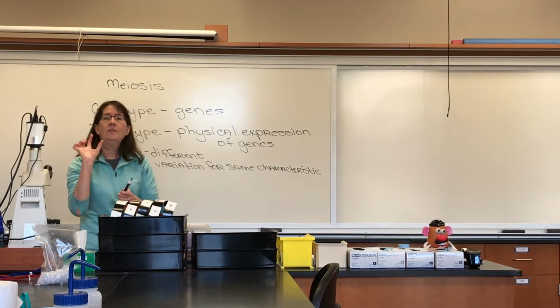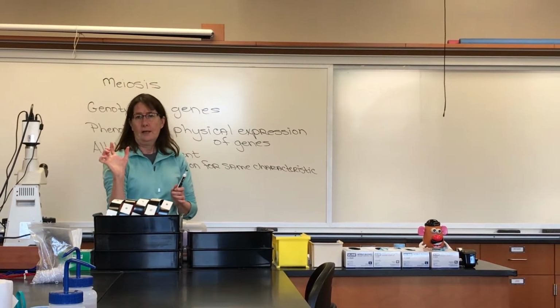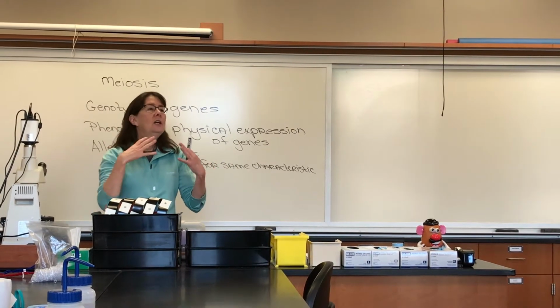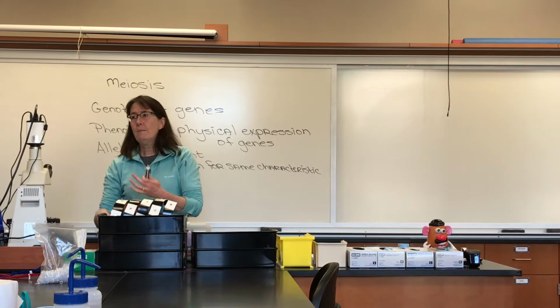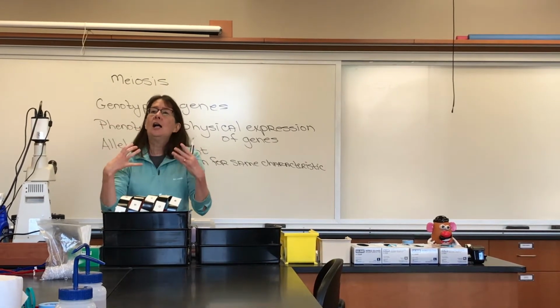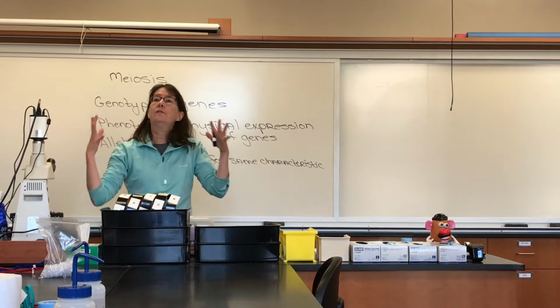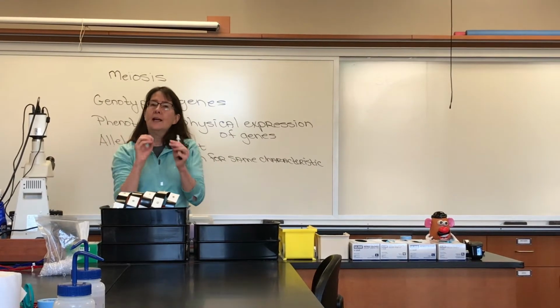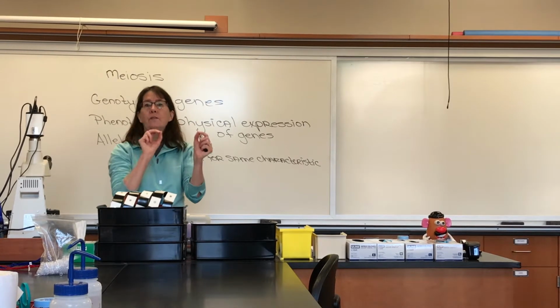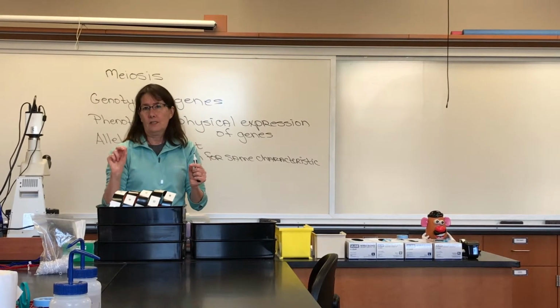I like to think of them as different flavors of a characteristic. So think of ice cream. You could have chocolate or strawberry or Moose Tracks or cookies and cream. They're all ice cream, but they're different flavors of that ice cream. That's what alleles are. They're different variations or flavors of that characteristic.